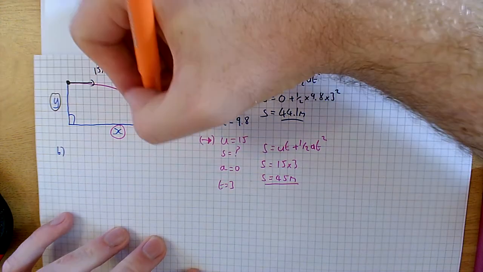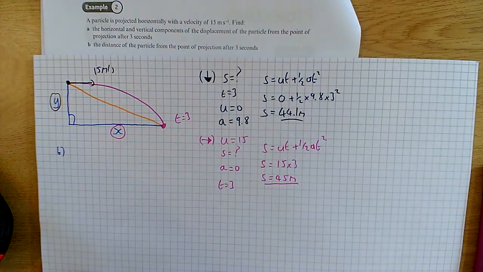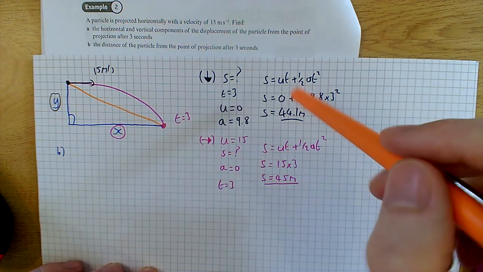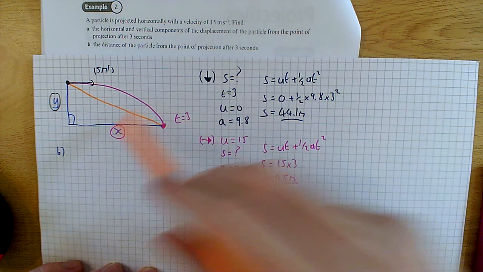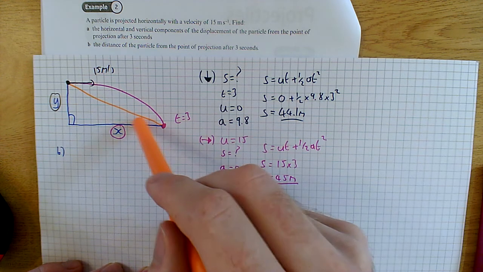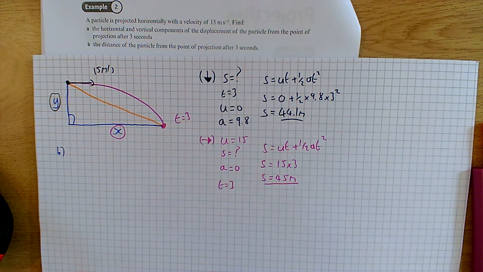So if we look at it here, the distance between these two is going to be that orange line that I've drawn. And as you can see, to find the distance, we know x and y, I've circled them there, they're 44.1 and 45. We're going to use Pythagoras. If you've got the two elements of the displacement, you want to get the distance. The distance is the straight line, so we're going to use Pythagoras.